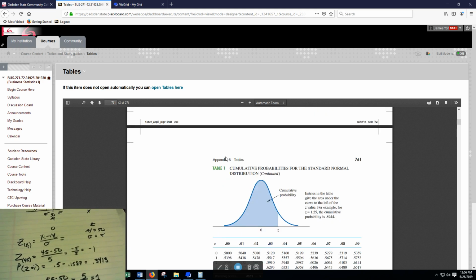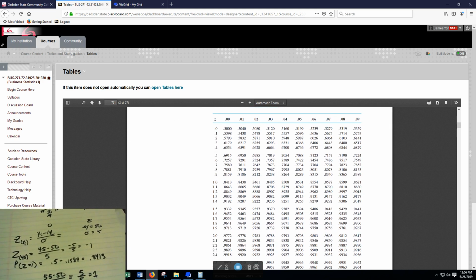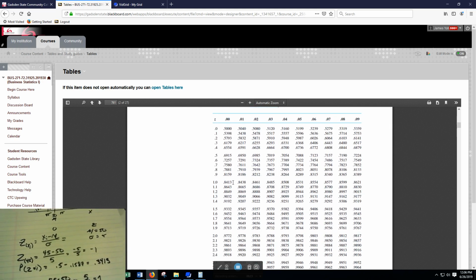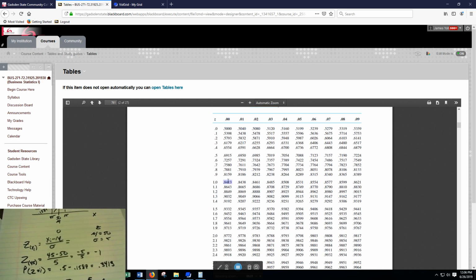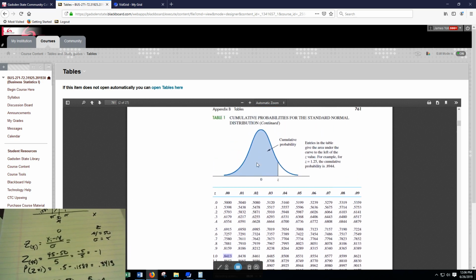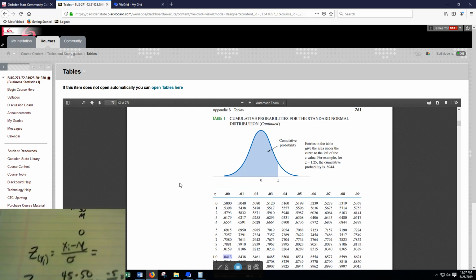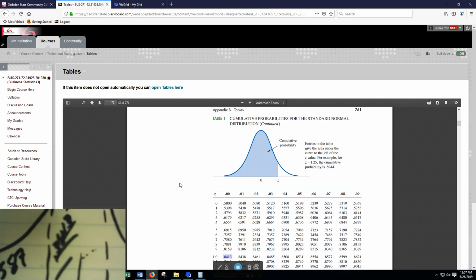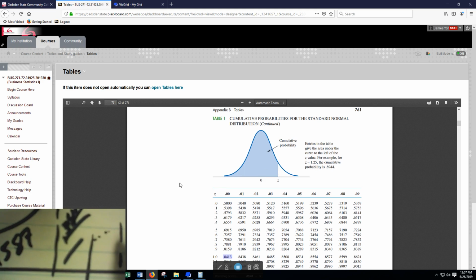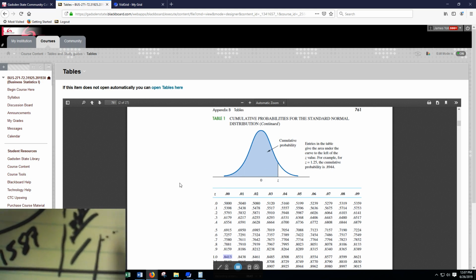We scroll over here and find the cumulative probability for positive 1, and that's 0.8413. But that tells us all of the probability to the left of z, and we don't want all of that. We only want the probability between 55 and the mean, 50.